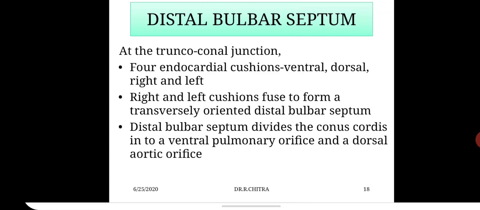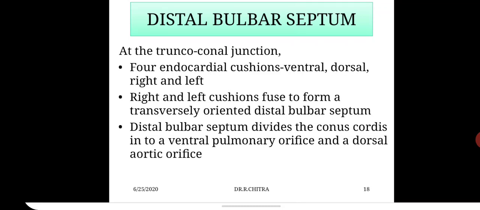Before that, between the truncus arteriosus and conus cordis, four endocardial cushions, ventral, dorsal, right and left, appear. The right and left cushions fuse to form a transversely oriented distal bulbar septum.